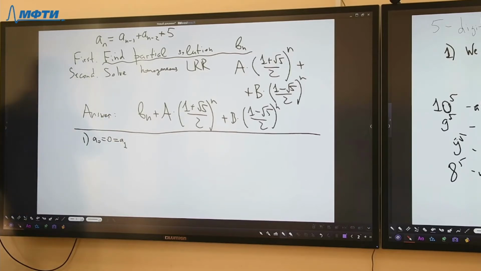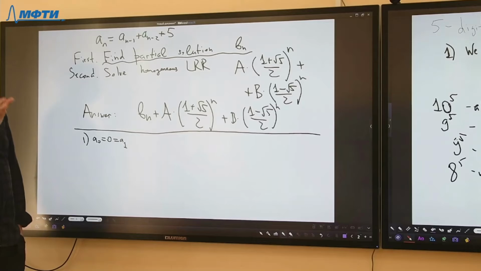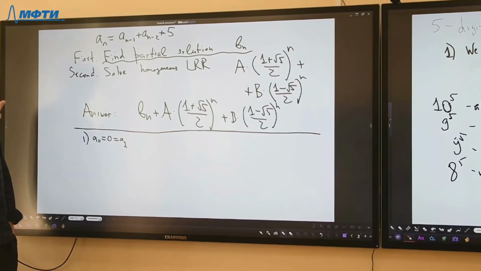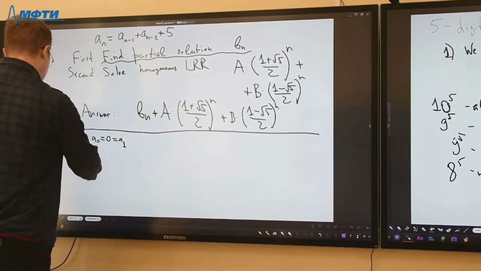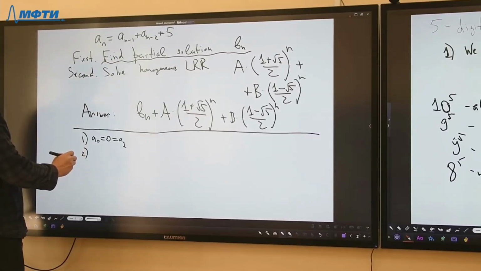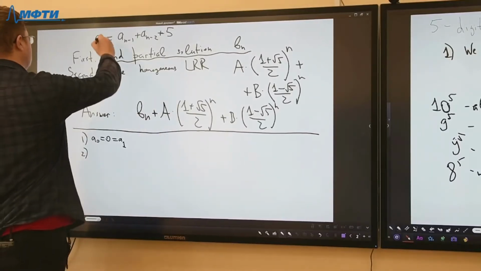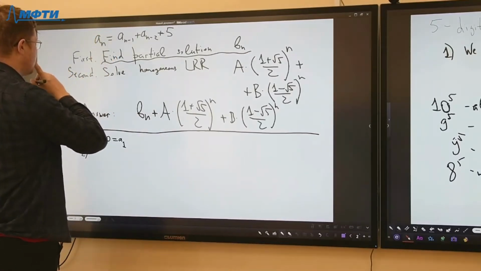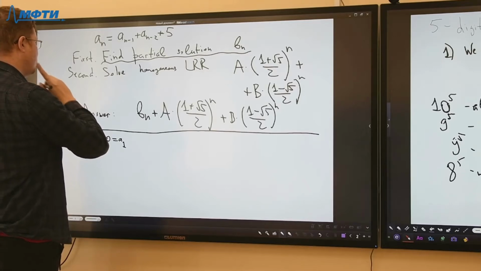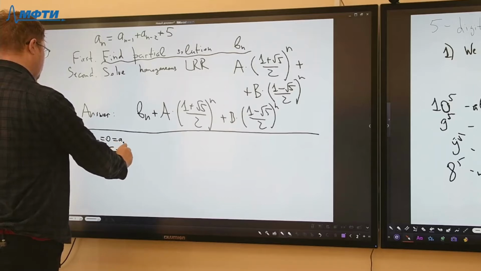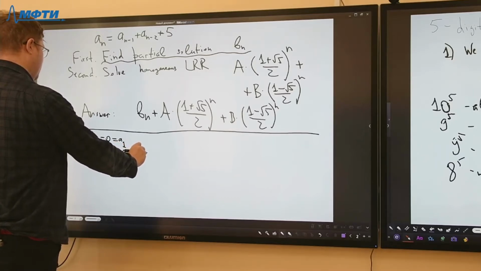But if you find, let's say, a stable solution, you can see that if I start with, I can rewrite this as an minus 5 equal to a(n-1) plus a(n-2).